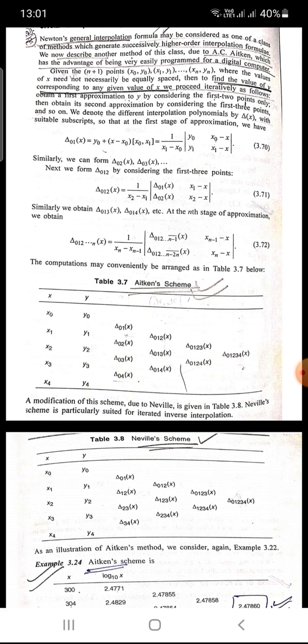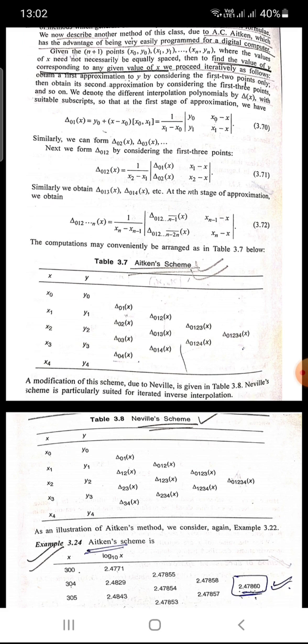Next we form del 0 1 2 by considering the first 3 points. That is, del 0 1 2 x will be equal to 1 upon x2 minus x1 times the determinant of del 0 1 x, del 0 2 x, x1 minus x, x2 minus x. Similarly, by symmetry we can obtain del 0 1 3 x, del 0 1 4 x and so on.